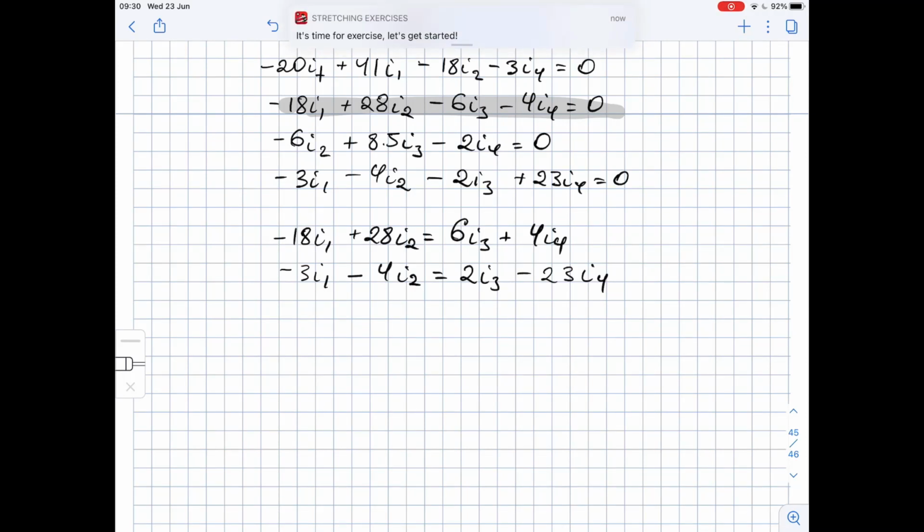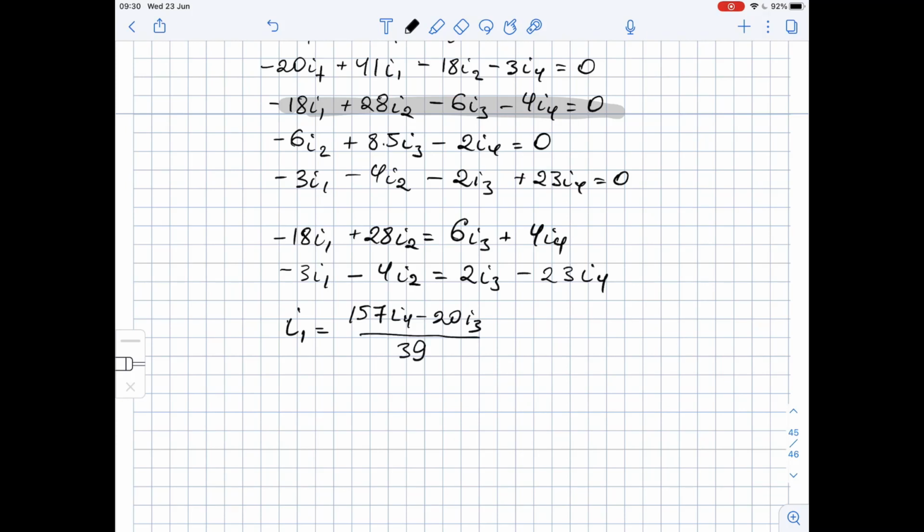Now we can solve them for I1 and I2, and we get that I1 equals (157 I4 minus 20 I3) over 39, while I2 equals (71 I4 minus 3 I3) over 26.